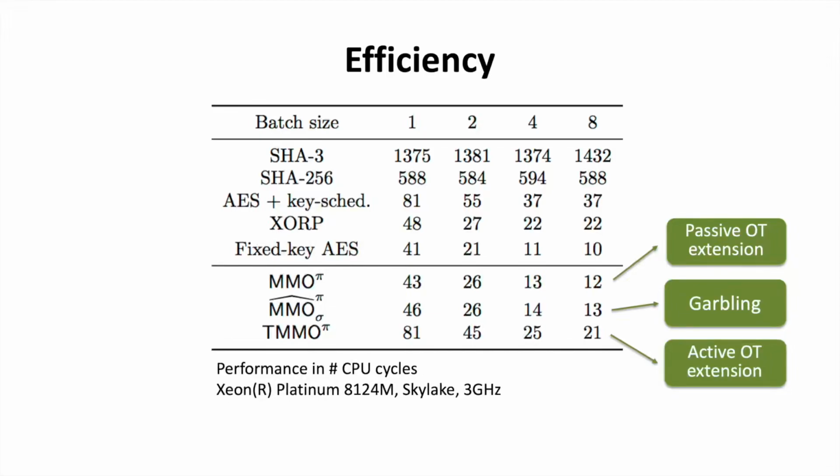Garbling, which is used for example in the half-gate garbling scheme, just needs the circular correlation robust version, which is roughly about 13 CPU cycles per hash call. And for passive OT extension, a regular correlation robust hash function is needed, which takes about 12 CPU cycles.